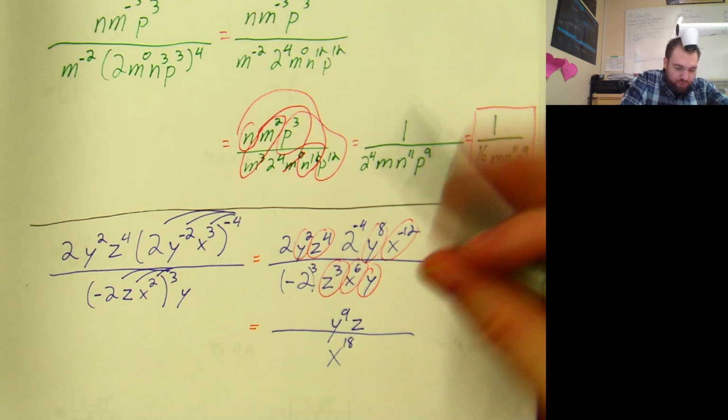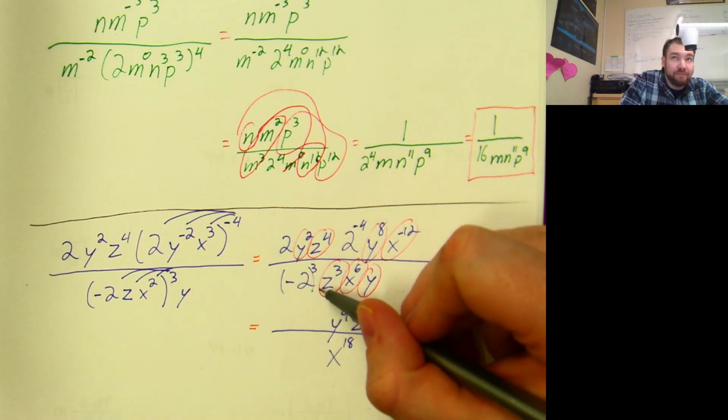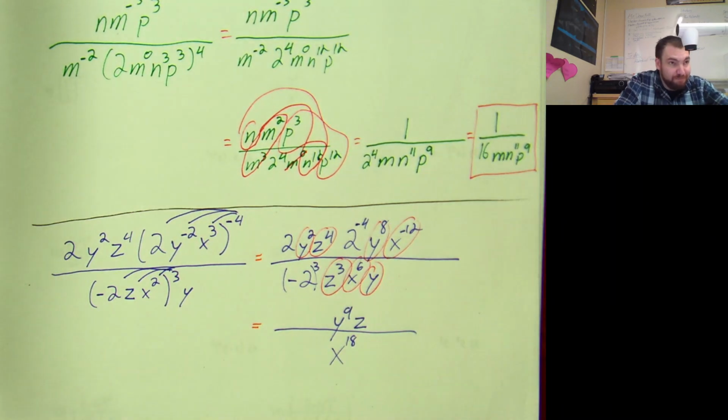Okay, so this is going to drop to the bottom. Okay. We're good? Okay. So the 2s are what's causing us grief here.